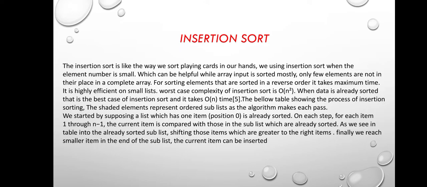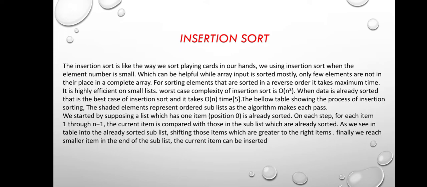The below table shows the process of insertion sorting. The shaded element represents the order published as the algorithm makes each pass. We start by supposing a list which has one item, position 0, is already sorted. In each step, for each element 1 through n minus 1, the current item is compared with those in the sublist which are already sorted.